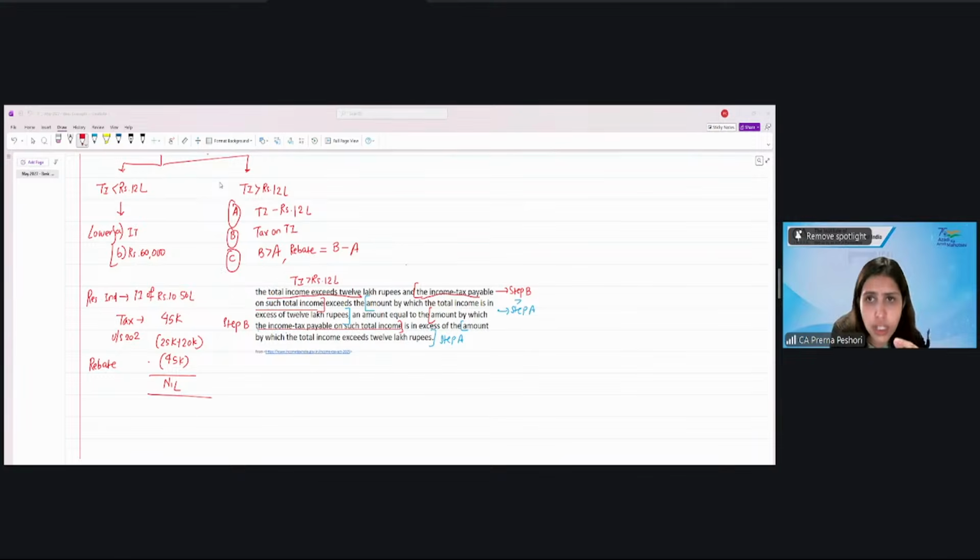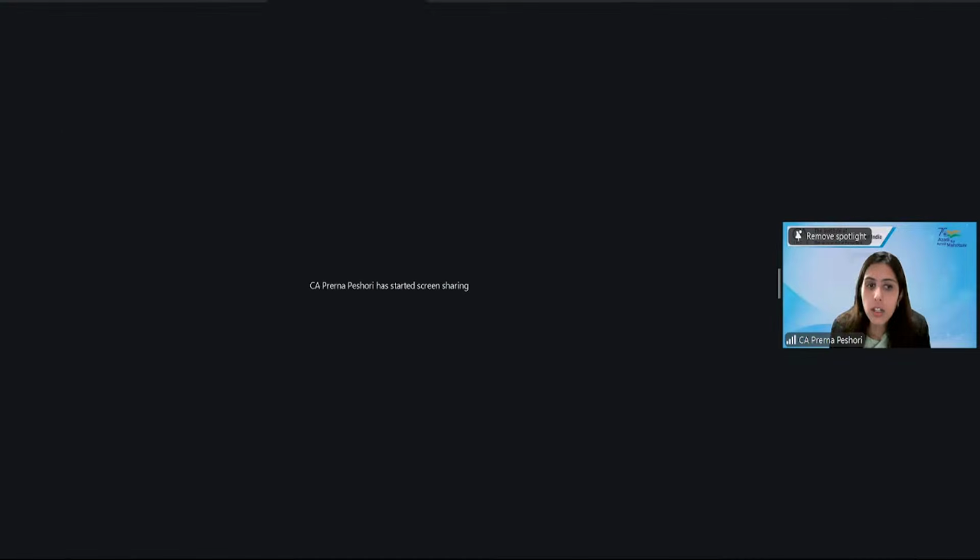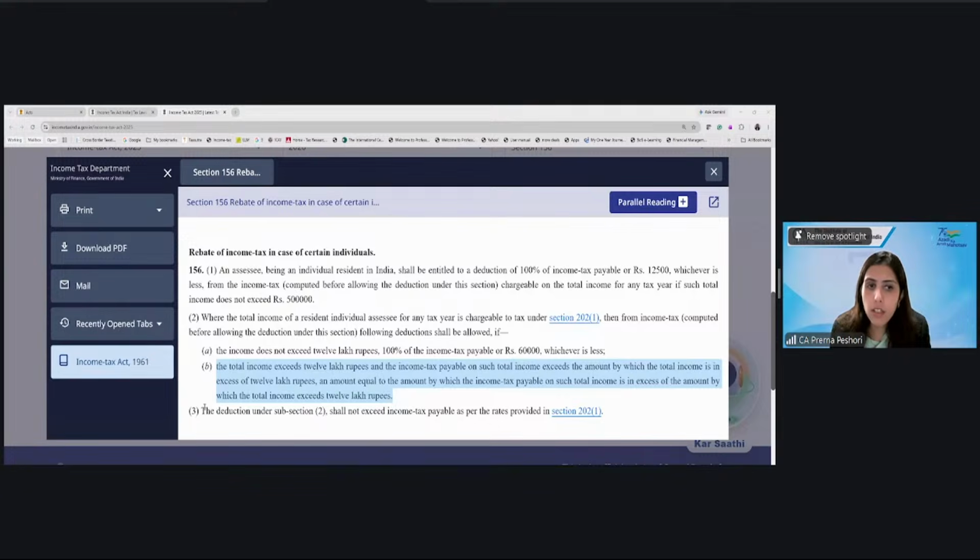Now the deduction which is allowed under 156. If you go back further, 156.3 says the deduction under subsection 2, in case of the default tax regime, shall not exceed income tax payable as per the rates provided in 202.